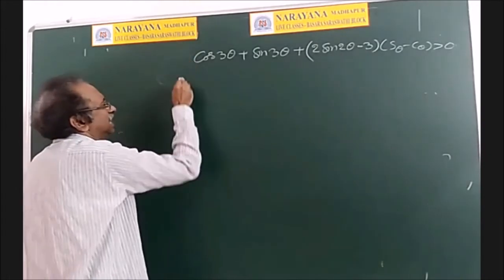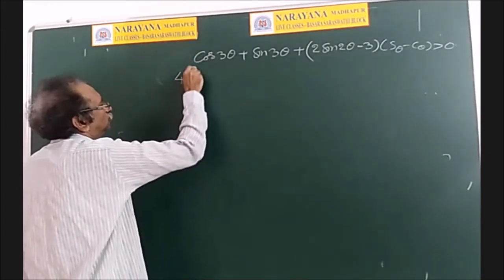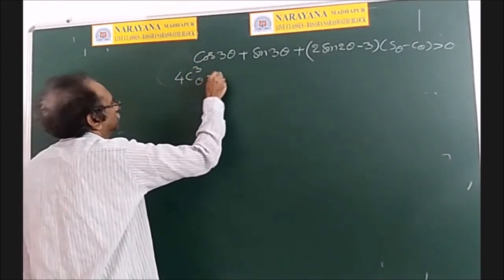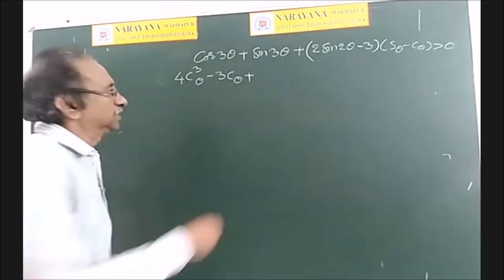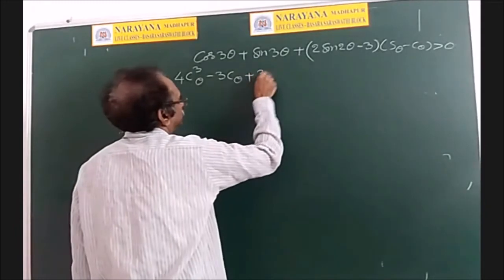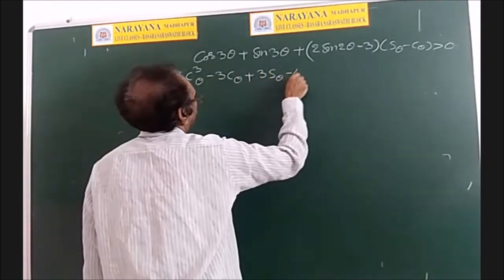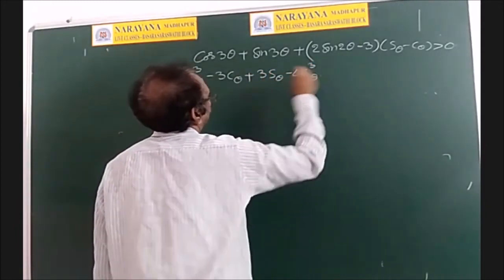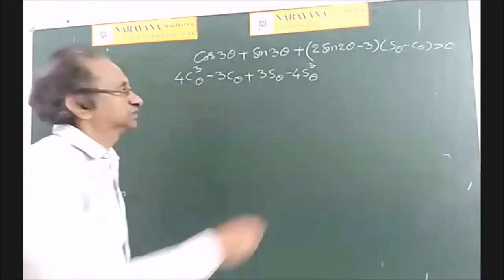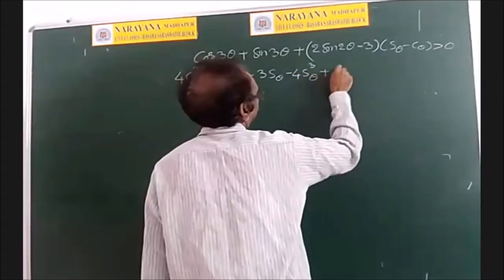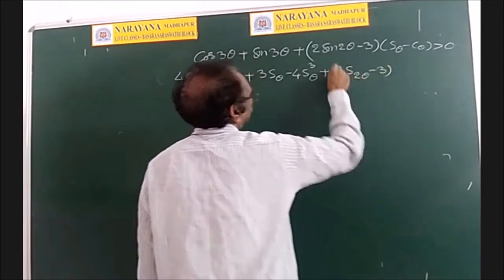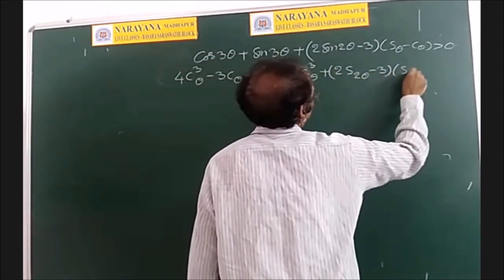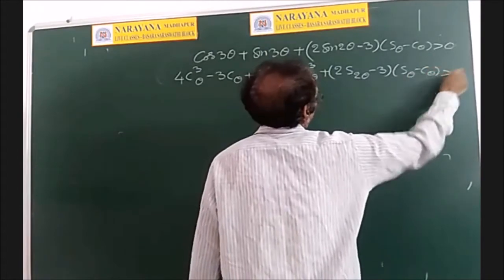I can change cos 3 theta as 4 cos cube theta minus 3 cos theta. Sin 3 theta can be changed into 3 sin theta minus 4 sin cube theta. Right? Plus, I will change this, and after that, this is sin theta minus cos theta greater than 0.